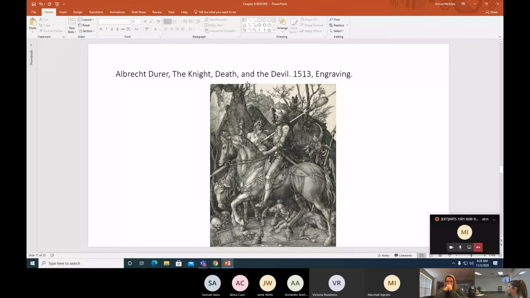So it's pretty common for a Northern European to want to explore the idea of what happens when we die, which is what we see here in this print. You can see the wonderful shading, the lights and darks, the fine, small details. That is thanks to him using the metal plate and the metal tools to etch onto it.